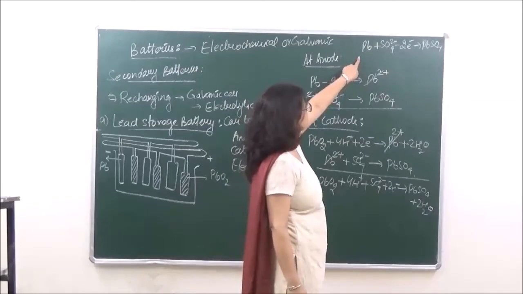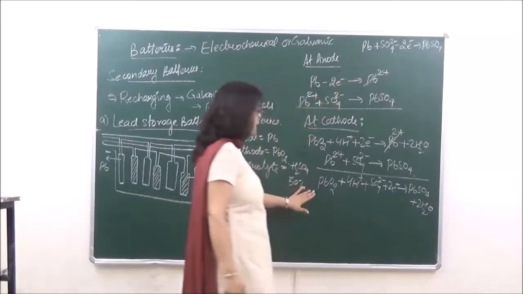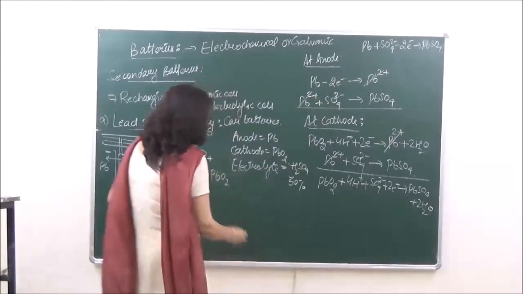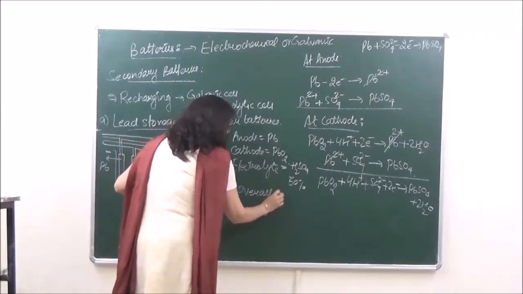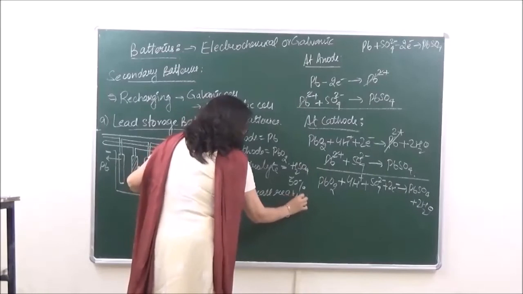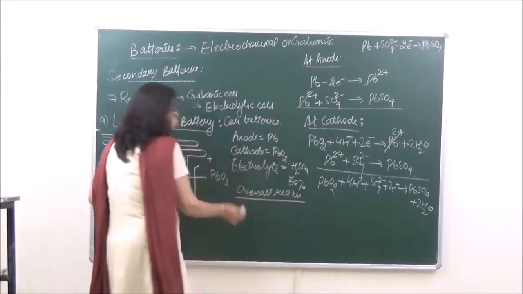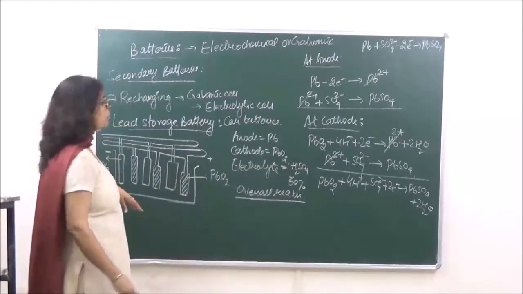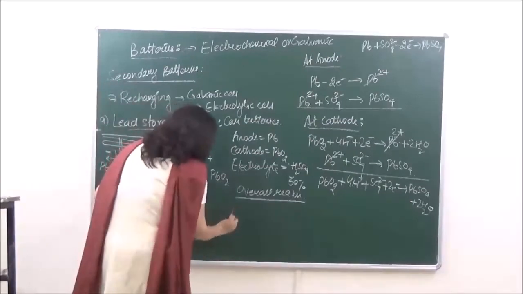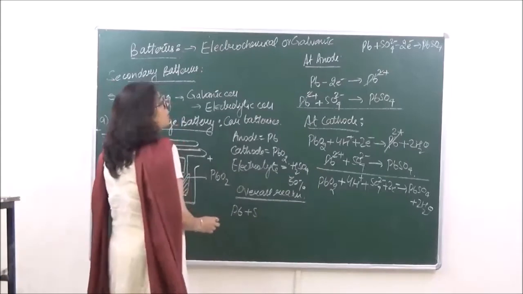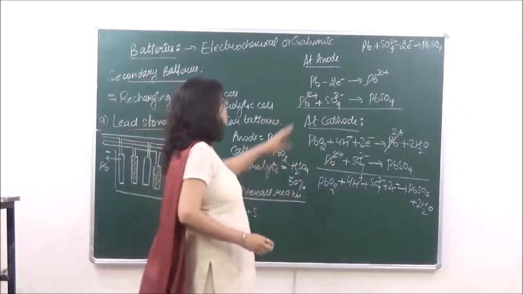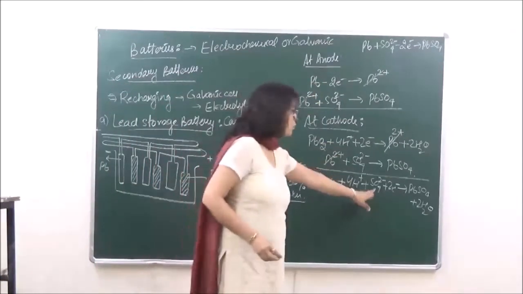So this is the overall reaction of the anode and this is the overall reaction of the cathode. So the overall reaction over here is going to be Pb plus SO4 2-. How many SO4 are going to be there? One SO4 is there and one SO4 is here.